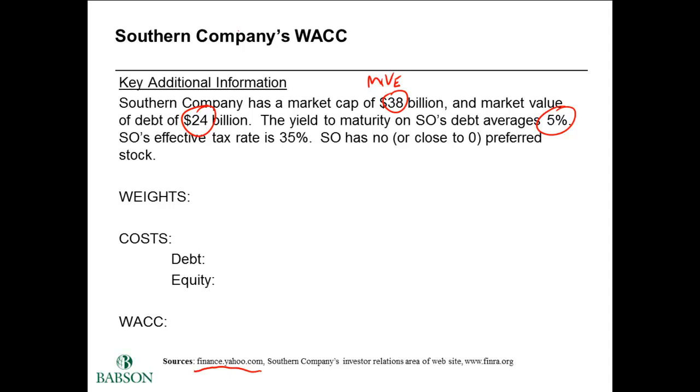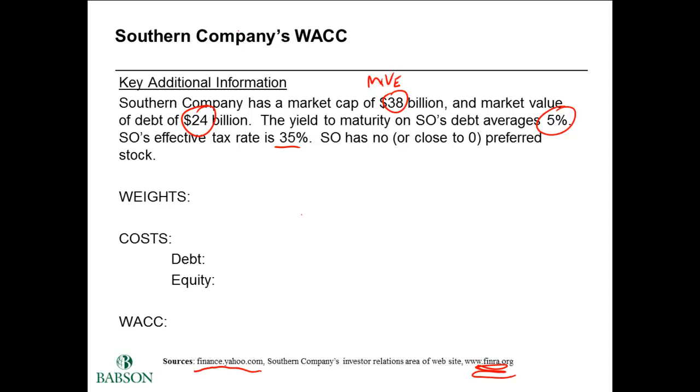Where did I come up with that? You can either look at the yield to maturity estimates in the footnotes of the company's financial statements, or you can look up yield to maturity estimates on finra.org. Many of them that I found there, I have to admit, were above 5%, but we're using 5% in this average. Effective tax rate is 35%. Where did I get that from?